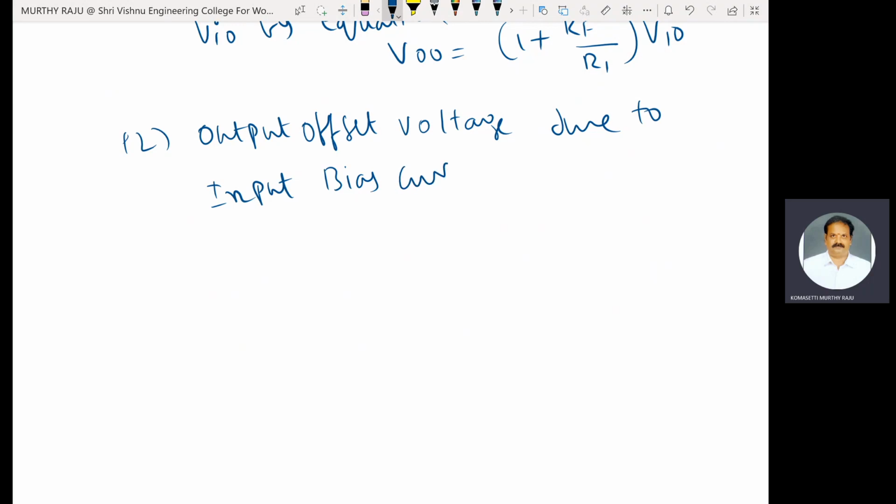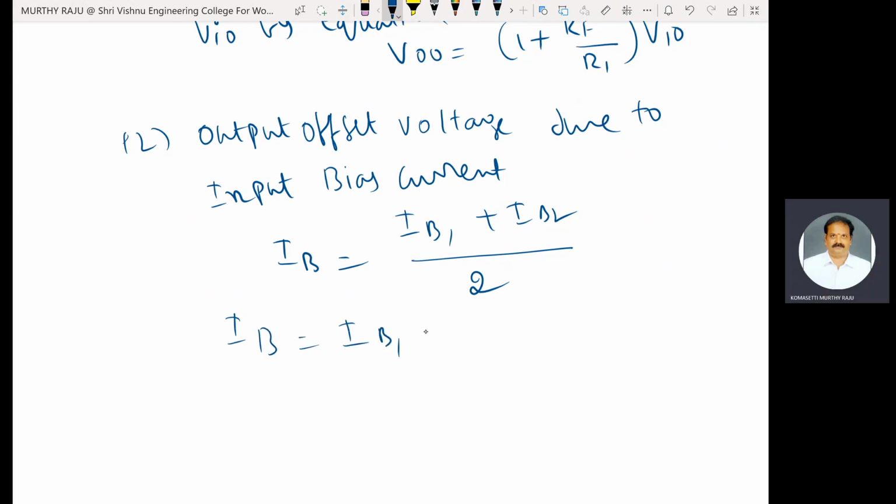The input bias current IB is equal to the average of the two base currents IB1 and IB2 entering the inverting and non-inverting terminals of the op amp. Generally, the bias current IB is equal to IB1 is equal to IB2.